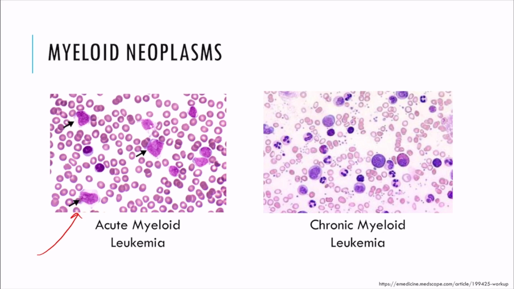Now, myeloid leukemia can either be acute or chronic, and these are very different diseases. Acute myeloid leukemia comes on very rapidly, and it causes much higher rates of cellular division.